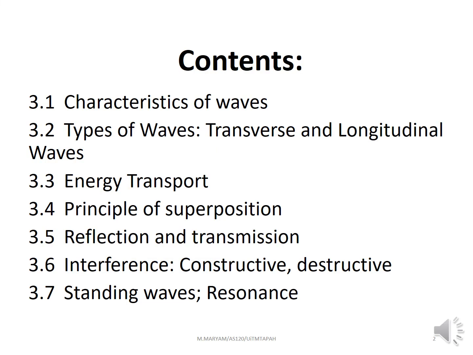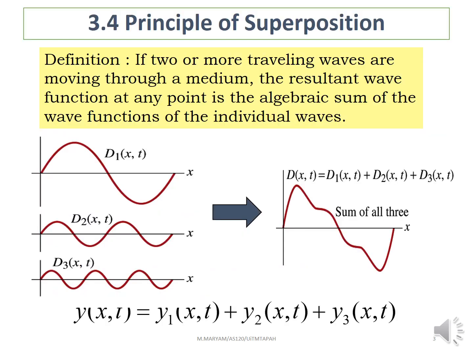So I will proceed with the principle of superposition until standing wave resonance. The definition is: if two or more traveling waves are moving through a medium, the resultant wave function at any point is the algebraic sum of the wave functions of the individual waves, as you can see in the figure.